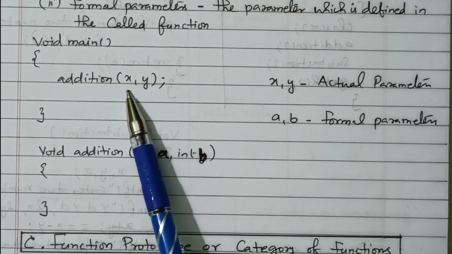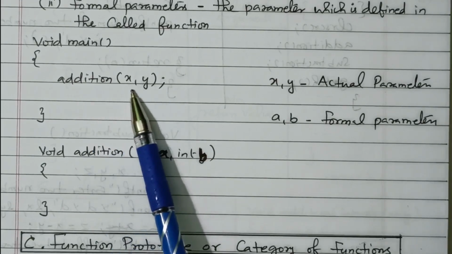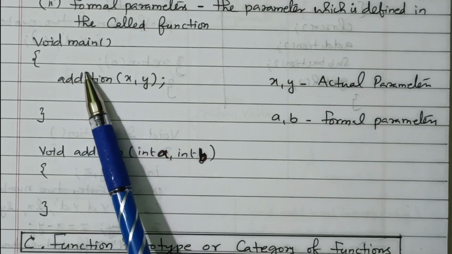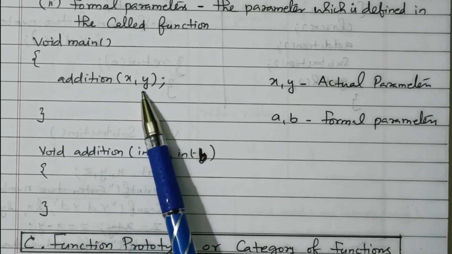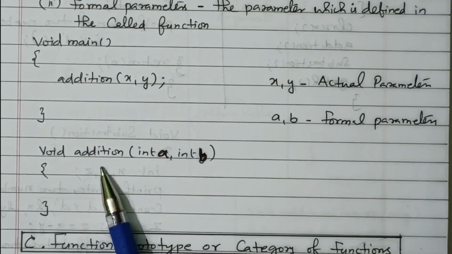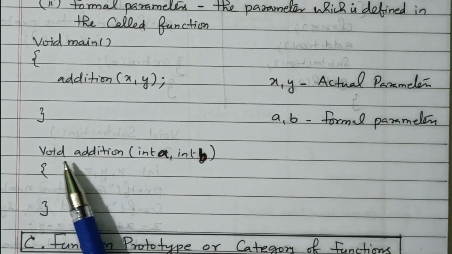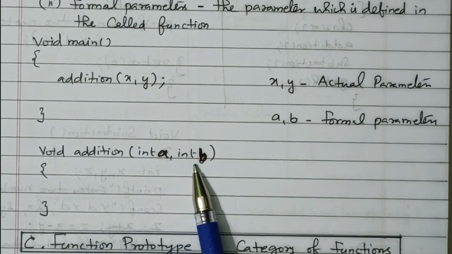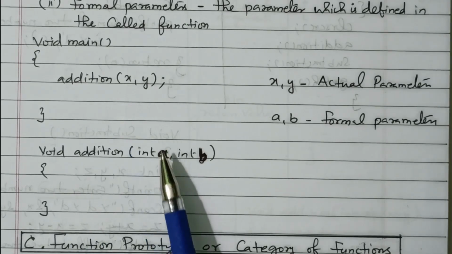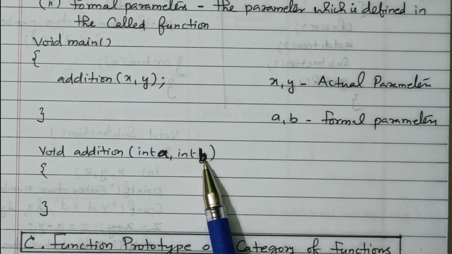Here we no need to specify the types. This is called function calling, right? The function we are calling is named addition, and we are sending two parameters. Now the control will go to the subprogram function: void addition, integer a comma integer b. So here we have another two variable names, a and b. What will happen? This x is stored in a, and y is stored in b.